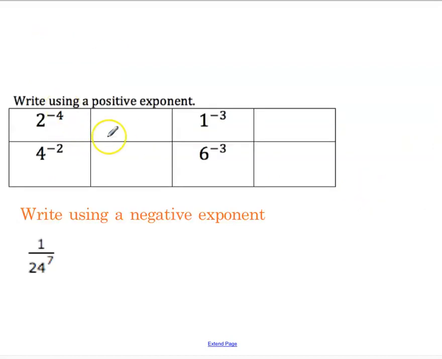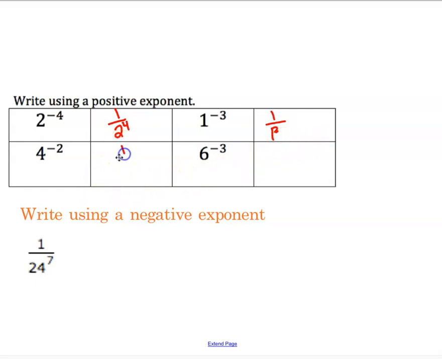Okay, so for the next example, I don't want to evaluate, I just want to write using a positive exponent. So same thing, I'm just going to drop the base down to the denominator and make the exponent positive. So it's 1 over 2 to the fourth. Same thing, drop the base to the denominator, so it's 1 over 1 to the third.